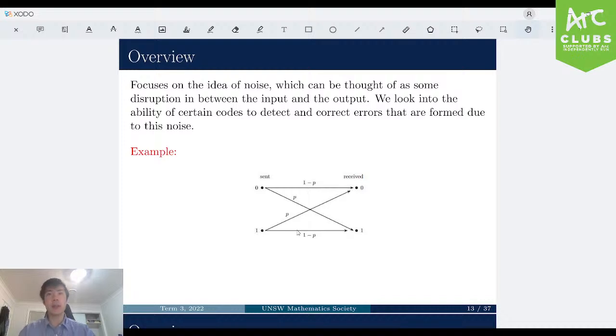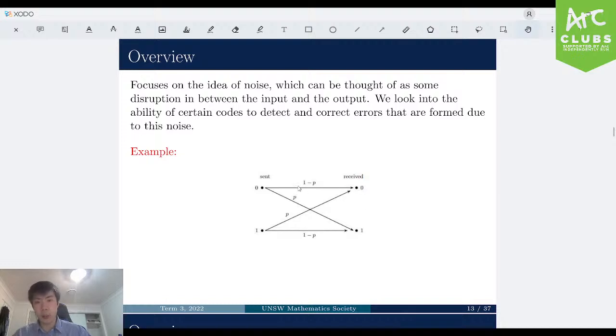So an overview of this topic. This topic will in particular focus on the noise that I talked about earlier. We look into the ability of certain, better codes to detect and correct errors that are formed due to this noise. An example of how the noise might look: suppose you're trying to send 0, you have a success rate of 1 minus p that it will actually be received as 0.